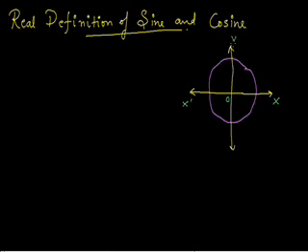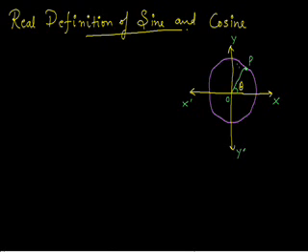This is y, O, y dash. Now let's say P is a point on the circumference of the circle with radius r. And this point P makes an angle theta with the positive direction of x-axis in the anti-clockwise direction.